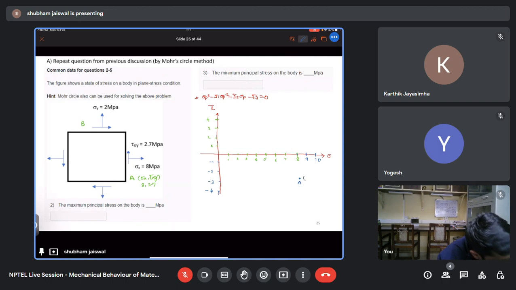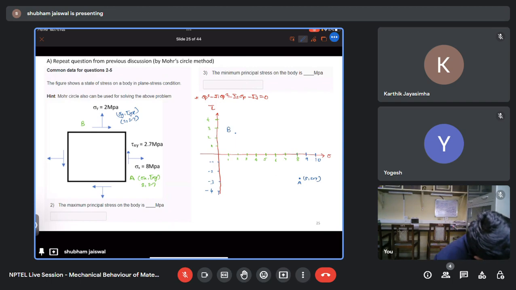Am I correct? Yes, sir. Now on the y face we have sigma y comma tau y. It is 2 comma 2.7. So somewhere around here, as this is counterclockwise, the shear stress will be positive. So this is my B point.